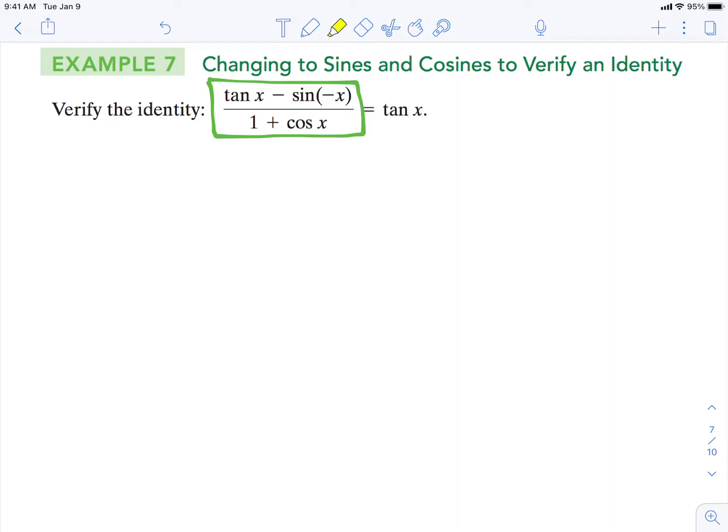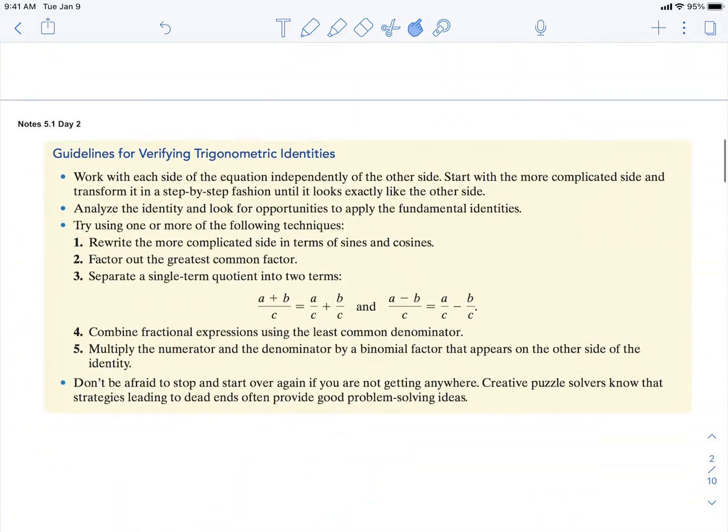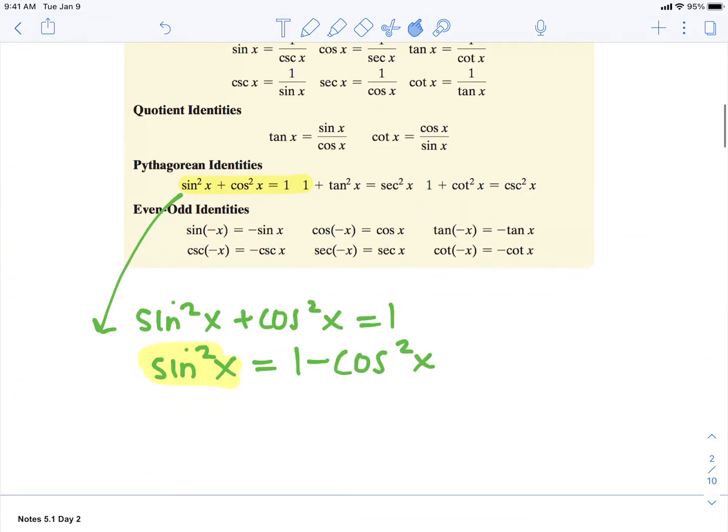So one thing we can do is use our identity that I just highlighted here in the yellow, for the sine of negative x equals negative sine of x. So that's one of the even and odd identities.